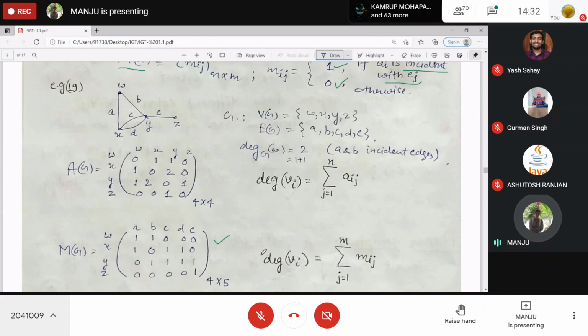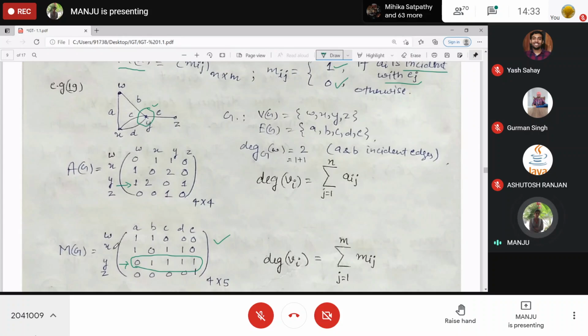Now here also you can get the degrees by looking at the incidence matrix only. What is the degree of Y over here? 4. From here also we got 4. If you add all the elements of the corresponding row, in the Y row, you will get the degree.